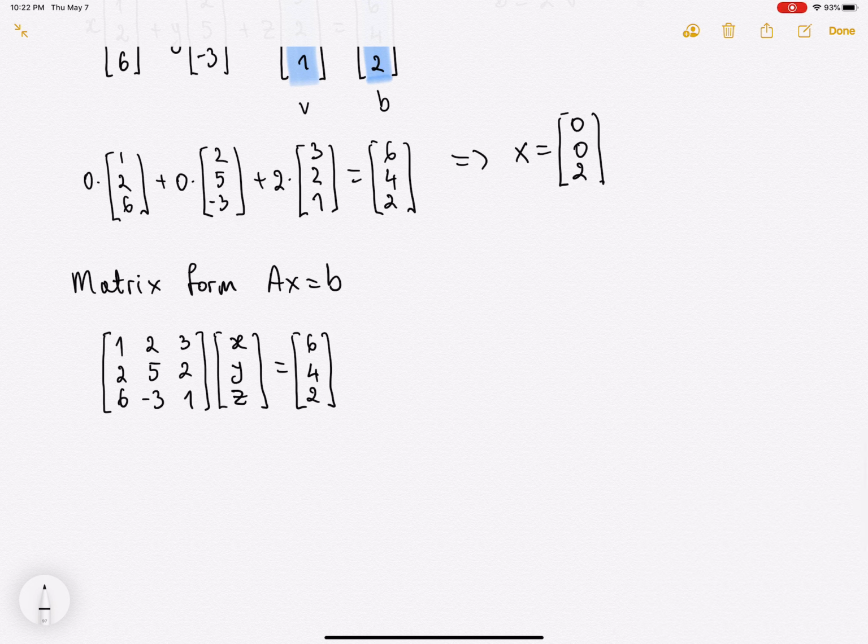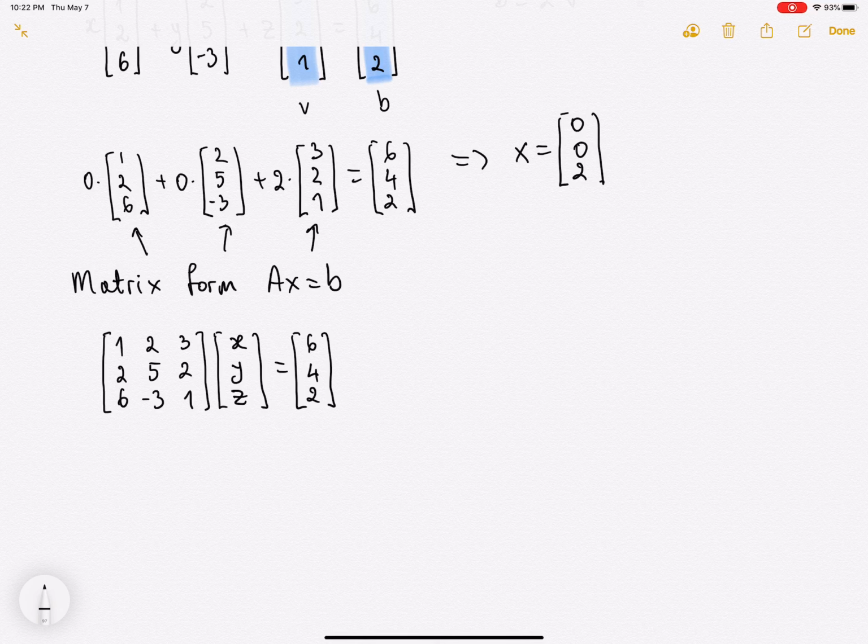And finally, the matrix form, just like in the 2 by 2 example. These 3 columns are the columns of the matrix A. The unknowns x, y, z go into the vector x, and you have b as b. Again, the rows of the matrix A give the row picture, and the columns of A give the column picture.